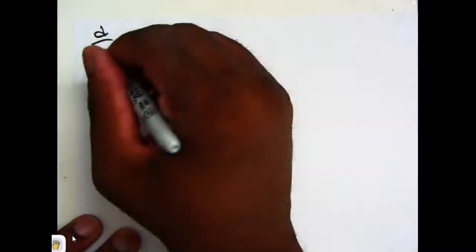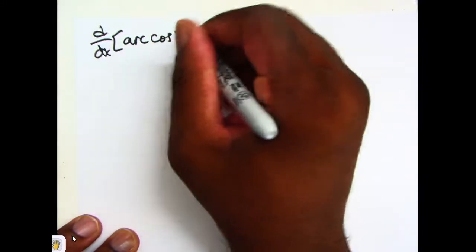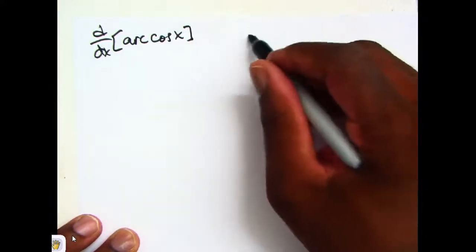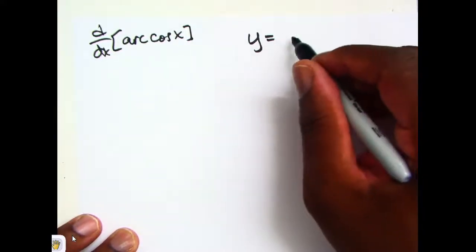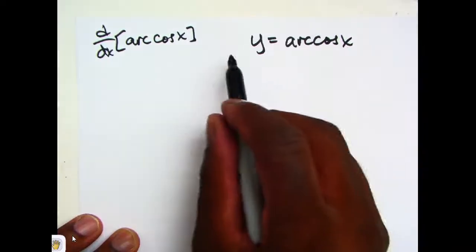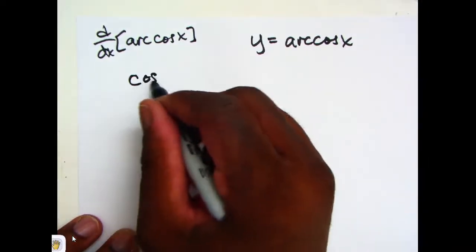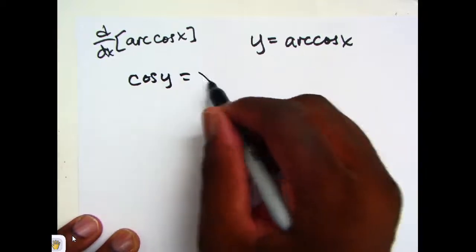Okay, so the derivative of arc cosine of x. We're going to start off and say y is equal to arc cosine x. Okay, composition, take the cosine of both sides, then we get cosine of y is equal to x.